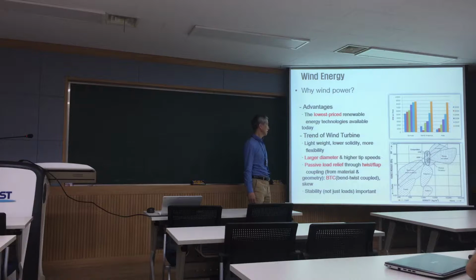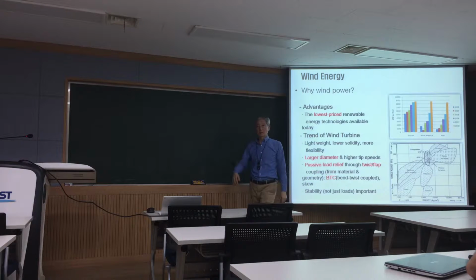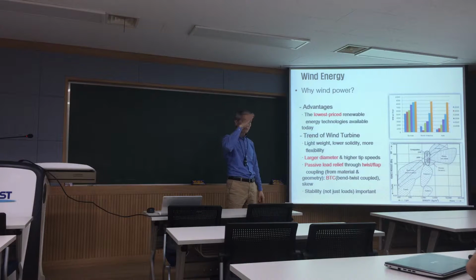The trend of wind turbines is going to lightweight. It is going that way in any technology. They want to be lighter, lower solidity, flexibility, but the apparent trend in wind turbines is larger diameter, bigger, right? And that gives you higher tip speed. Same RPM, but with a larger diameter, the tip speed is going higher, right?